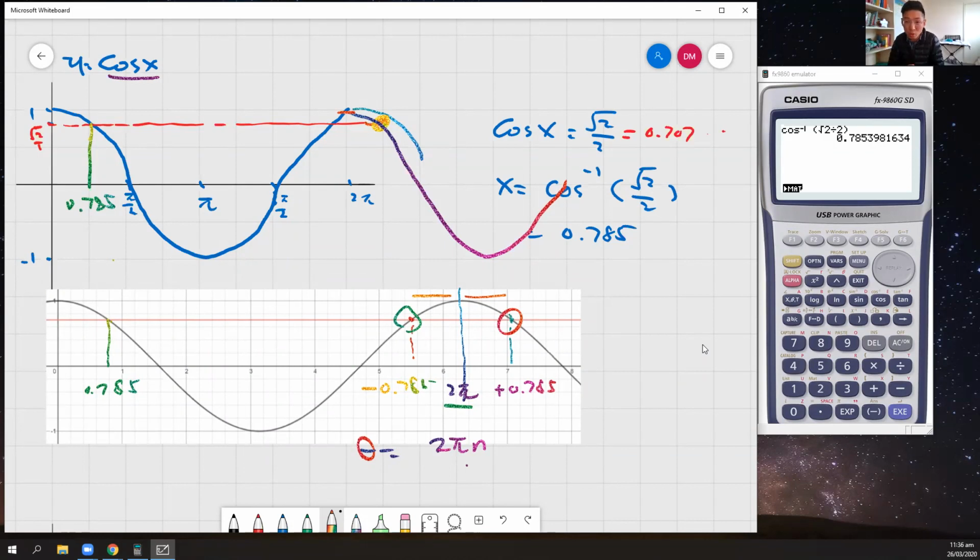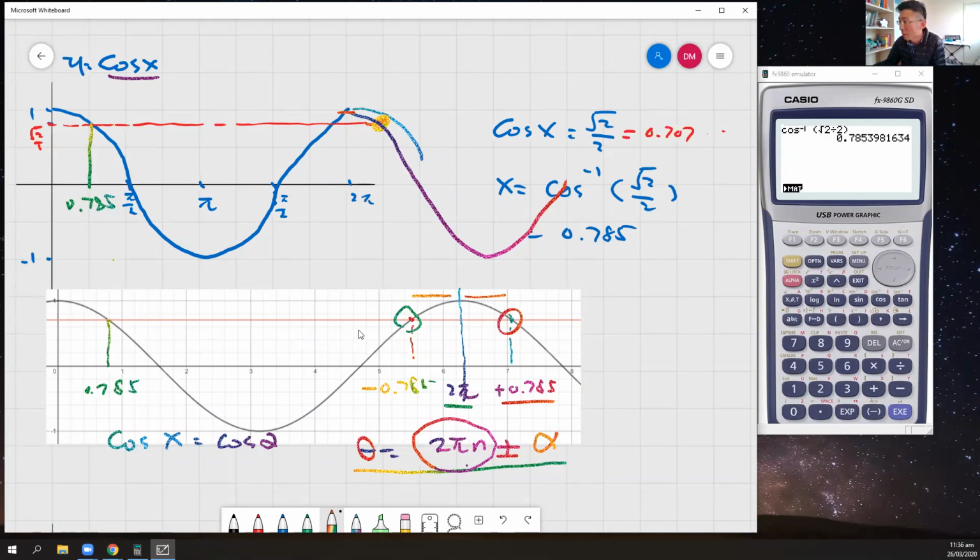You can add 1 period, or 2 periods, or as many periods as you want. And you can plus, and you can also minus. Whatever this one solution is, for this case, we generalize it as alpha. That's precisely how you find the general solution. If we have cosine x equals cosine alpha, the general solution will be 2 pi n plus or minus alpha. That's the general solution for cosine.